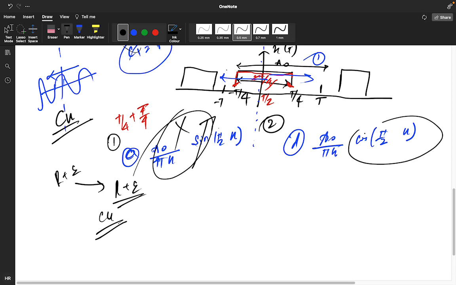This particular cos is an even function, and a naught by pi k is a real function. So our option will be like this. We don't even need to calculate all the things. By checking the options only, we mark option D. Correct? We will mark option D. Like this, we need to solve this type of question.